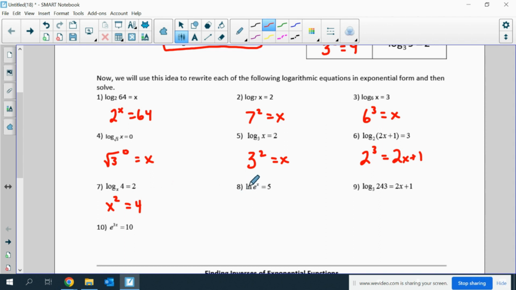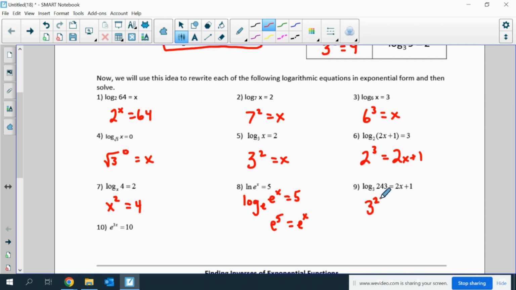8, if we understand what natural log is, log base e. So we have log base e of e to the x equals 5. So if I rewrite this, I get e to the 5 equals the part on the inside, e to the x.